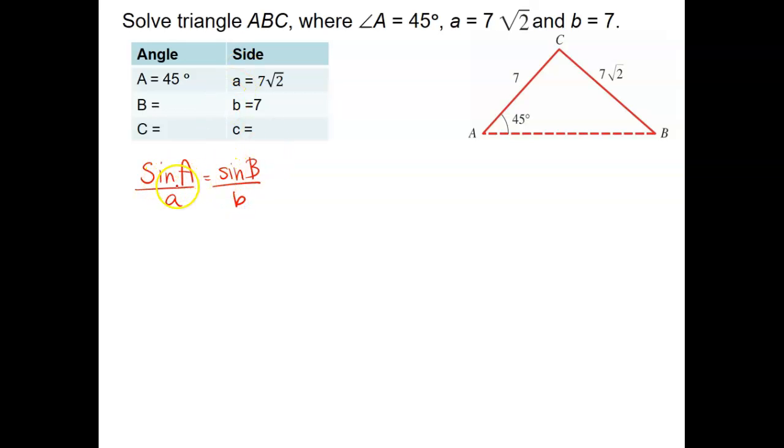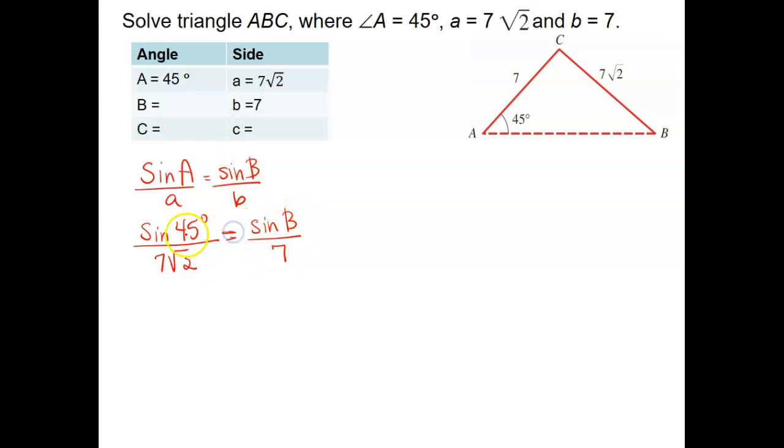Okay, angle A is 45 degrees, so I'm going to have the sine of 45 degrees over side A, which is 7 on the square root of 2. We don't know the B, and then the side B is 7.